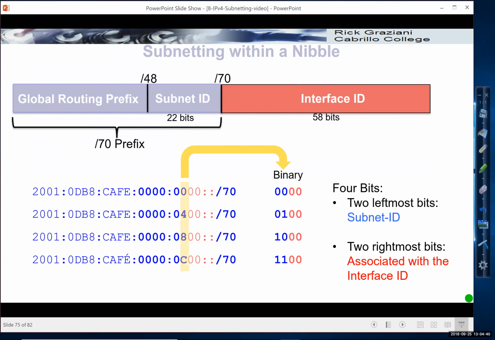So although there's a pattern to the counting in hex, it's not as simple as incrementing in hex. Stay away from this. Pretty much stay away from anything other than a /64. Just use your subnet ID between the global routing prefix and the 64-bit interface ID and just increment that.